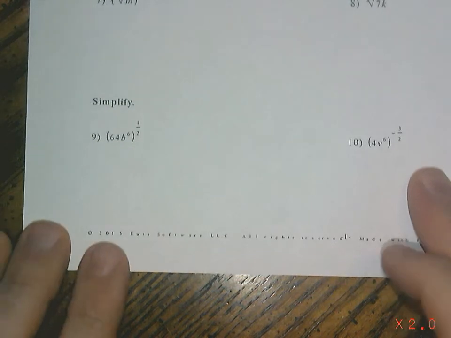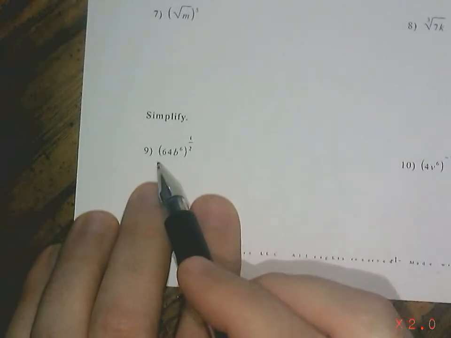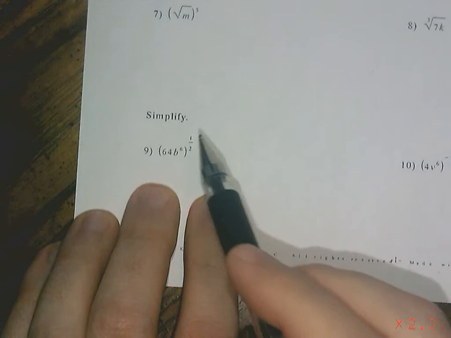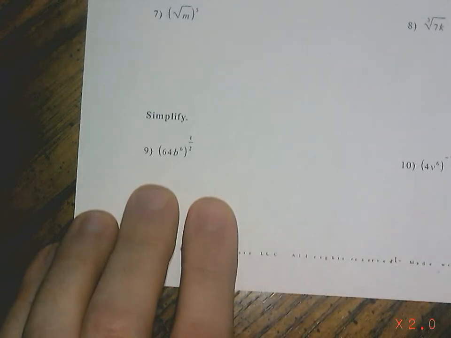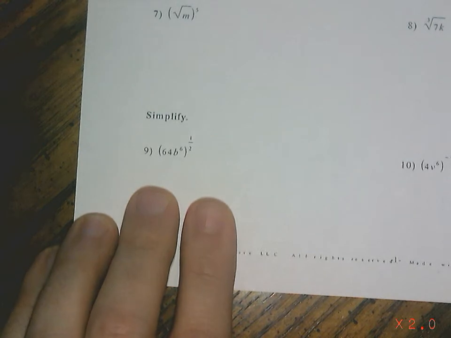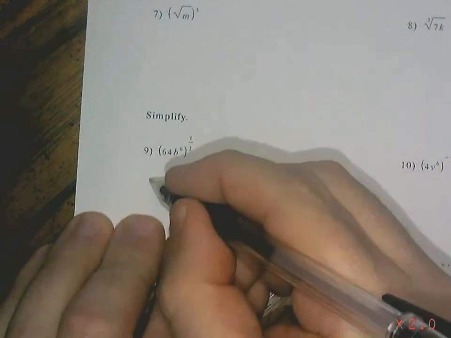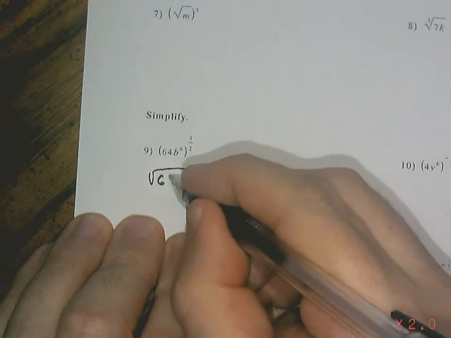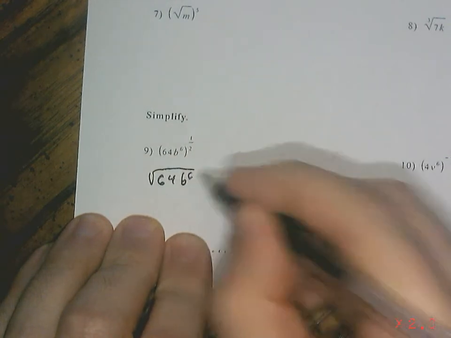Let's go through and actually simplify some now. This one gives me 64b to the 6 to the 1/2 power. So what it wants me to do is take the square root of 64 b to the 6.